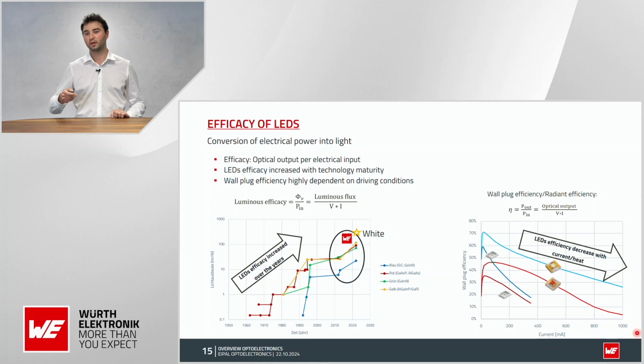So if you operate the LED at a really high temperature, then you lose a lot of efficiency. You can see a similar effect if you use the same LEDs and just increase the current a lot. Then of course you have a much higher temperature inside of the package, and you see the efficiency goes down quite a lot.